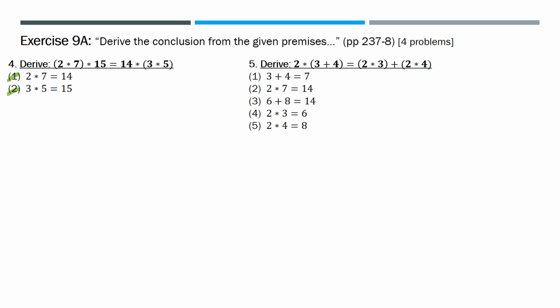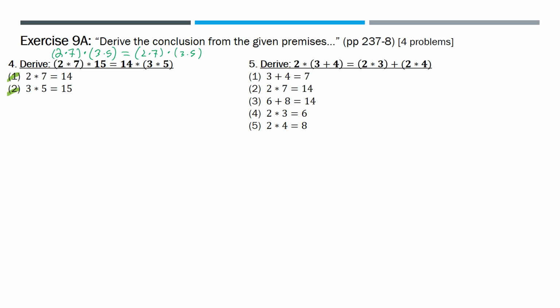And also, we can rewrite that conclusion to help us out. We really have 2 times 7 times 3 times 5 is equal to 2 times 7 times 3 times 5. And that's a good hint in terms of what we should do in terms of using the identity rule and the rule of logical truth.